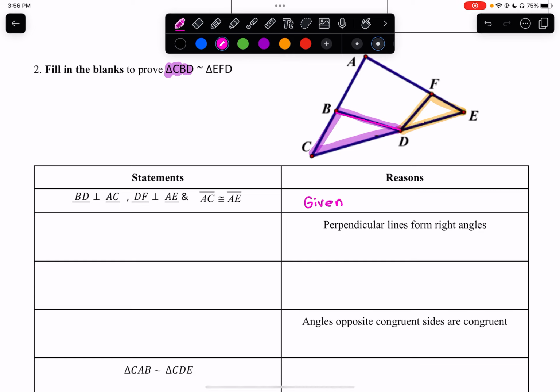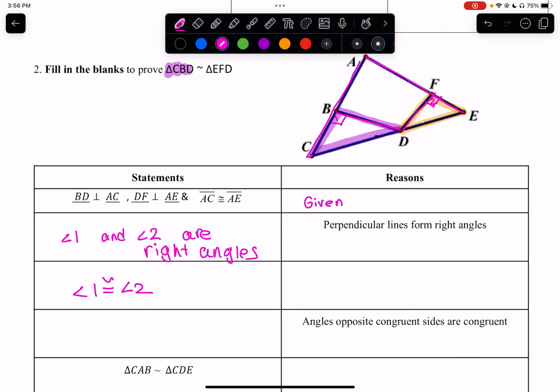BD is perpendicular to AC, so I have a right angle here. DF is perpendicular to AE, so I have a right angle here, so I have a pair of right angles. If we look at the chart, we're first going to say that angle 1 and angle 2 are right angles. And then angle 1 is congruent to angle 2, because right angles are congruent.